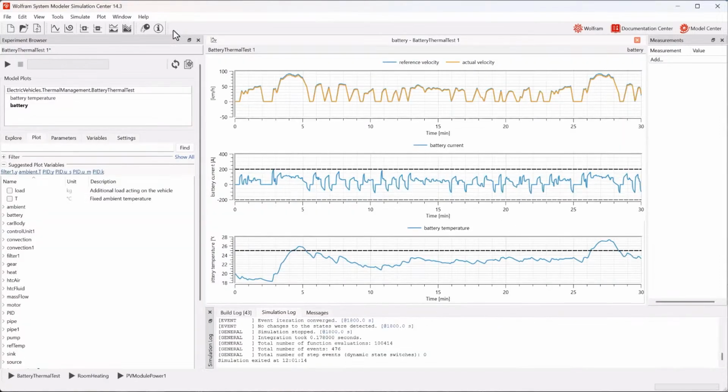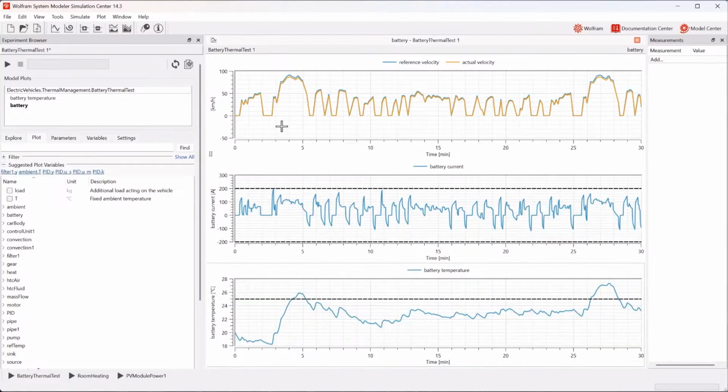The plots show three things: the velocity profile of the car, the battery current, and the battery temperature. Now there are clear requirements on the design: the battery current must stay below 200 amperes and the battery temperature must not remain above 25 degrees Celsius for more than 4 minutes.